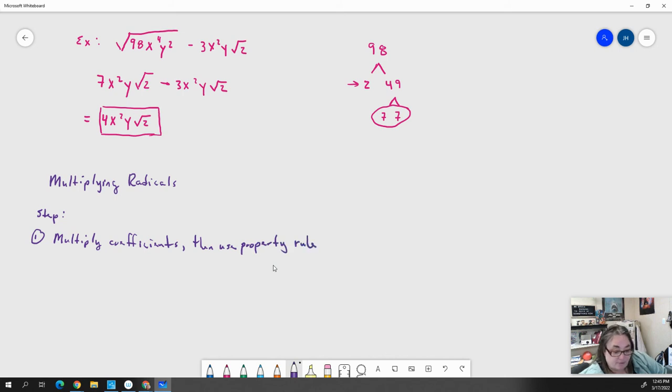And the property rule is the one, if you remember the property when it comes to radicals, if we have the nth root of a times the nth root of b, we get the nth root of a times b. And then you just simplify the radical.